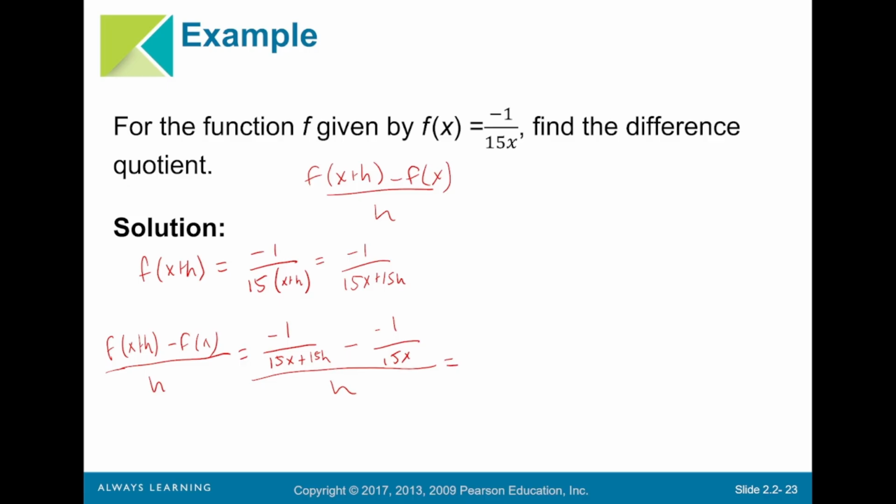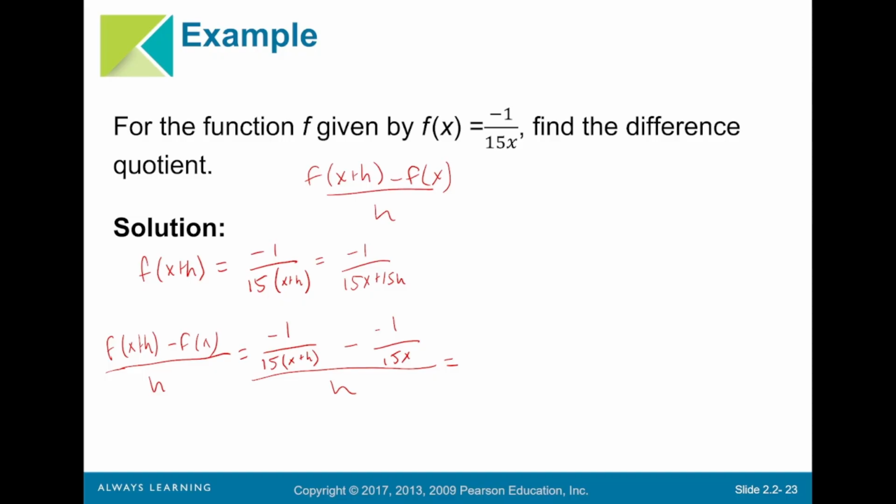So this is where things get a little bit tricky. I have to try to subtract these two fractions. Anytime we need to subtract two fractions, we need a common denominator. So to find our common denominator, it might have been easier actually. I'm going to take this first term back a step. Rather than distributing my 15, I'm going to leave it as 15 times x plus h. All right, that's what it originally was written down as.